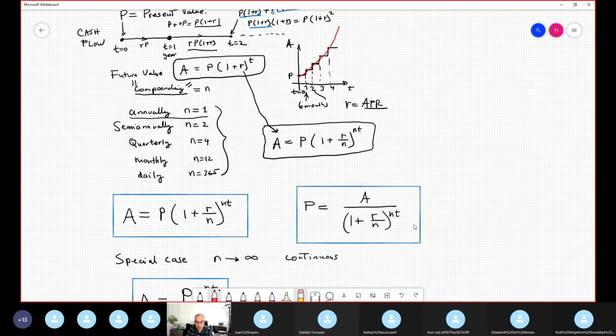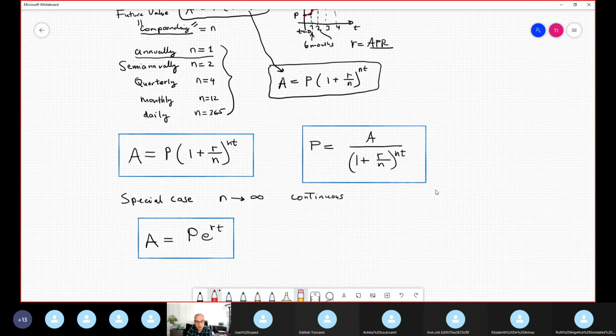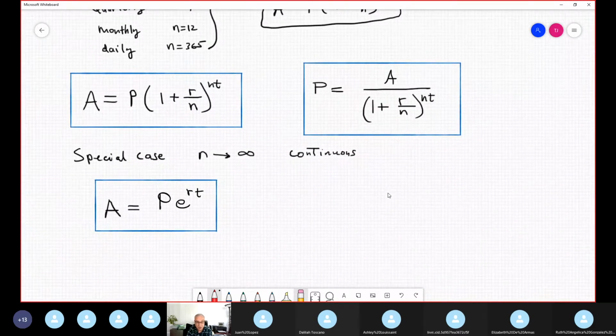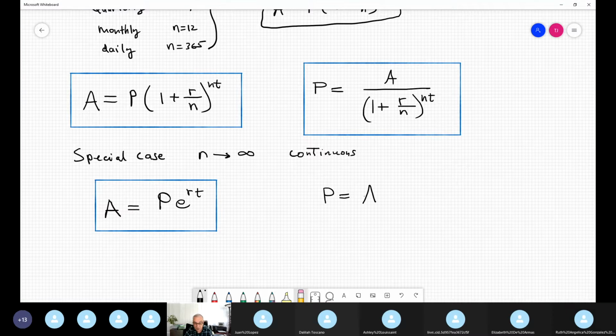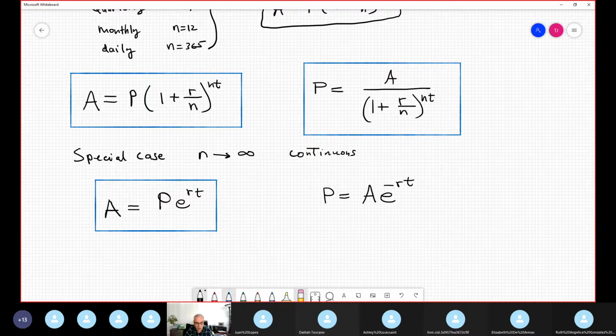So now the width of the stair is 0, it's too small, and you can approximate the stairs like an exponential function. Likewise, we can use another formula for P, in which you isolate P, exactly the same here. You divide, or you put exponential with the negative exponent. So there are many ways to express it, using division or using a negative exponent, which by the way is the same, right?